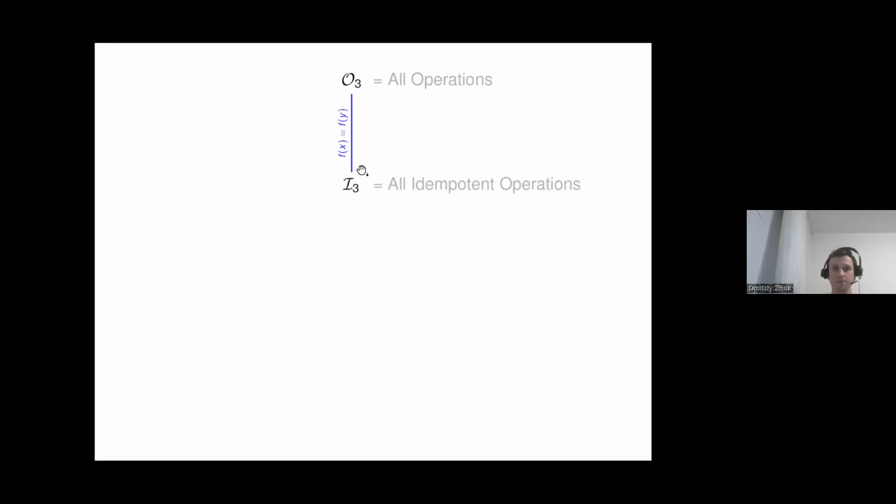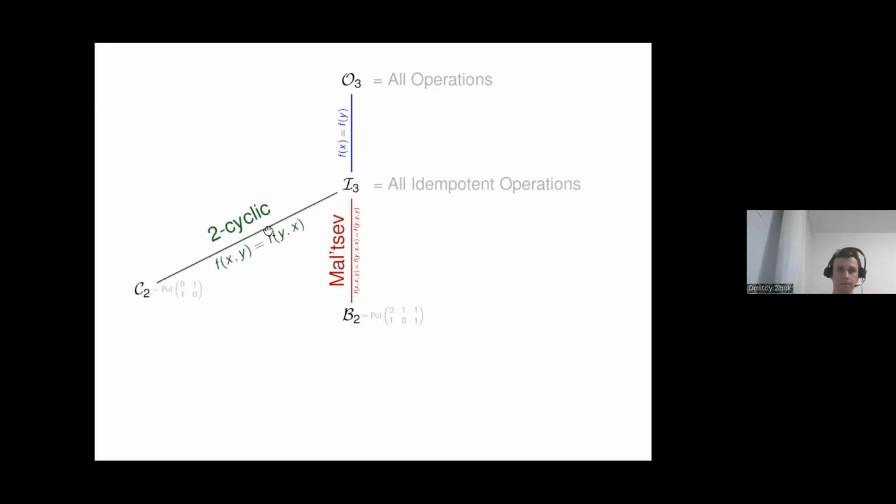Okay. Then what's below I3? It's B2. B2 is defined just by this relation, and it's clear that B2 doesn't have a multi operation, but I3 does. Yeah, here you can see just the definition of a multi operation, or you may say quasi-multi, because here I write f of y instead of just y. Okay. C2 is the clone defined by this. And this C2 is actually a clone on a two-element domain, and this is also a clone on a two-element domain.